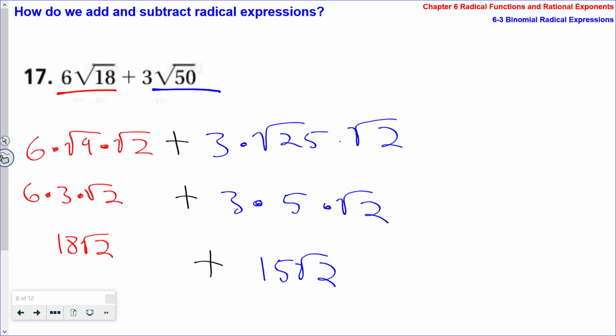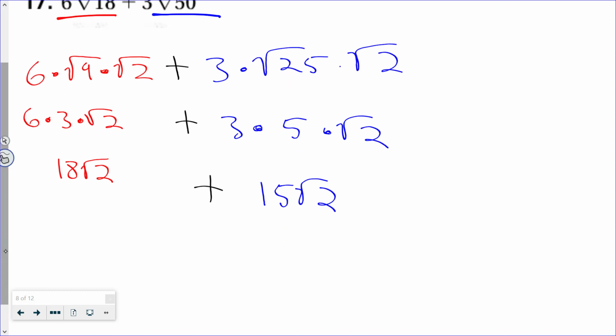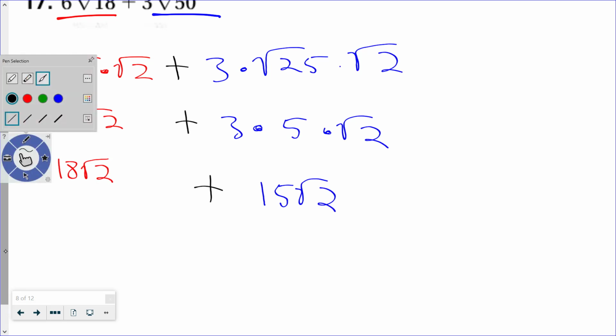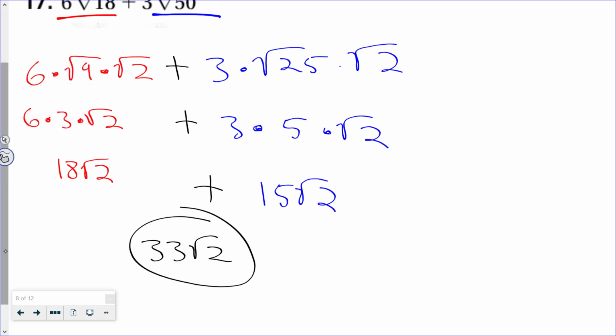But if we can simplify, we must simplify. After simplifying, are the radicands the same? The index is the same. So we can combine them. So what's the answer? 33 radical 2 is the answer. Any questions? Next example.